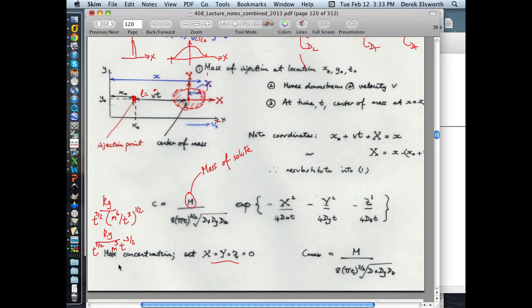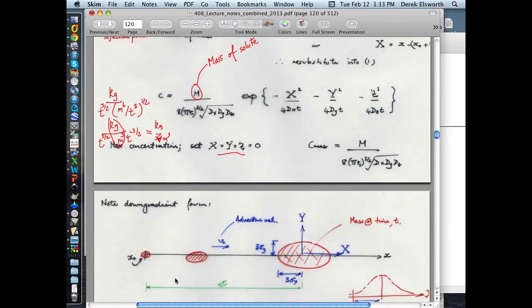Sounds like that cancels out. That shouldn't happen, right? So this is concentration for sure. Yeah, that's right. It cancels out. It has to, right? So this is mass per unit volume, which is concentration. And this is t to the 3/2, t to the minus 3/2, just because this is 1 over. And so it's in units of kilograms per volume, meters cubed, which is concentration. So it doesn't necessarily mean it's right, but we know it's not necessarily wrong.